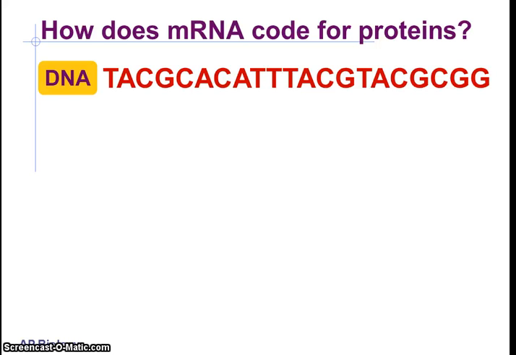Alright, so how does mRNA, coded from DNA, code for proteins? We're starting back with our DNA. Here's our long strand of DNA. We know it's DNA because it has T's in it.